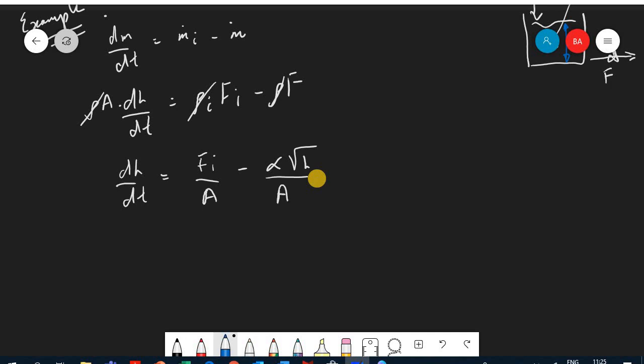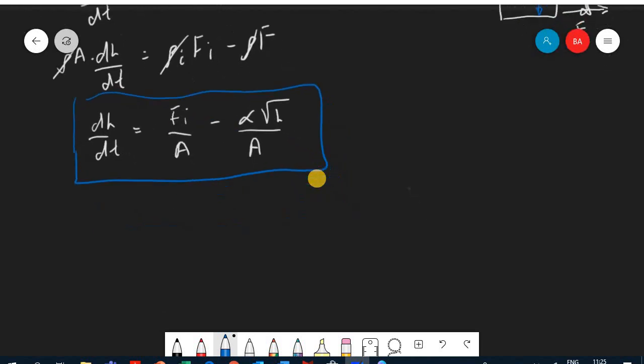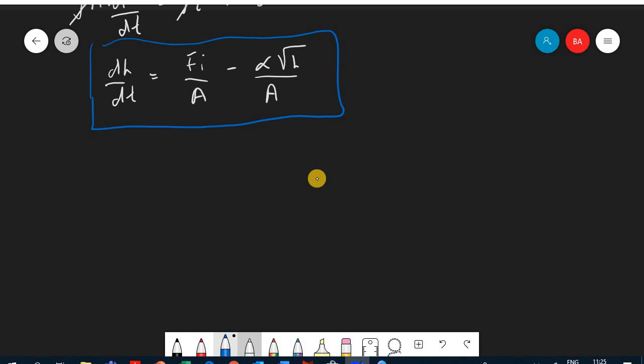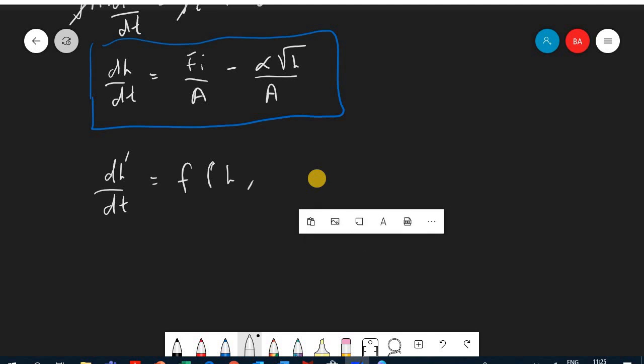If you can recall, that was our equation, and based on it we started linearization and deviation variables, right? We are going to do exactly the same. In this case, this is what I'm going to do here: dH prime by dt, which was a function of the state variable and the inputs.